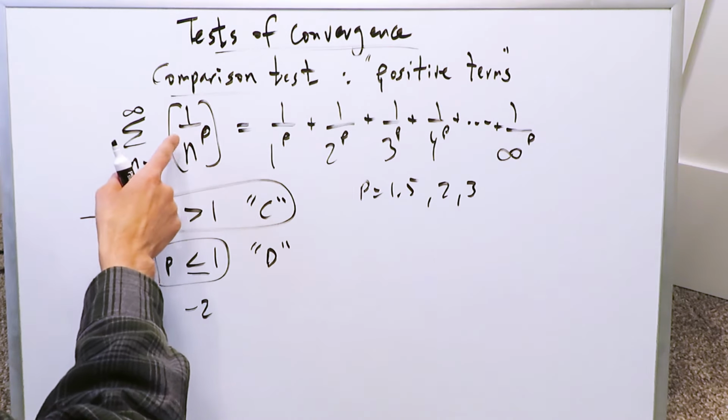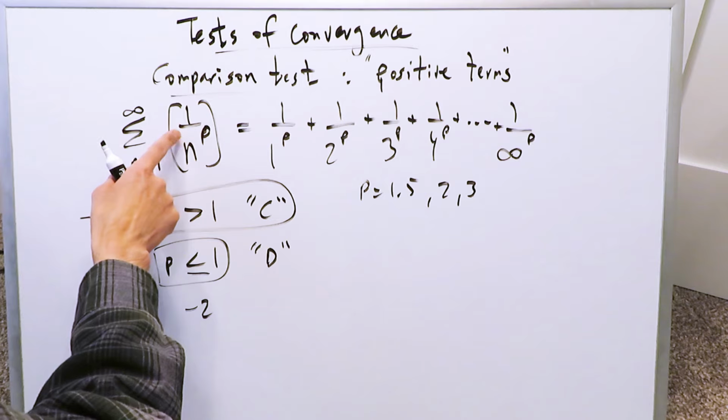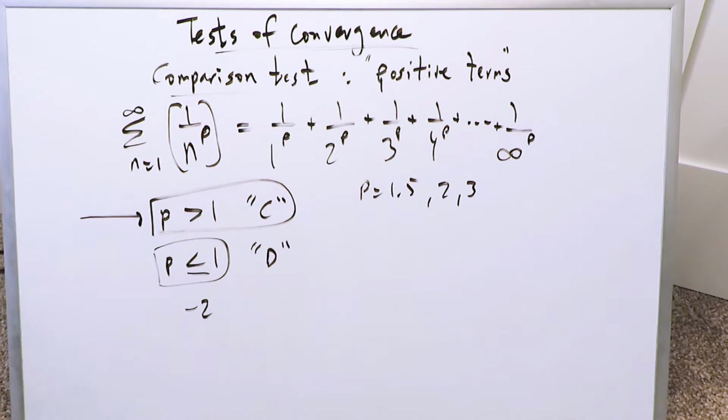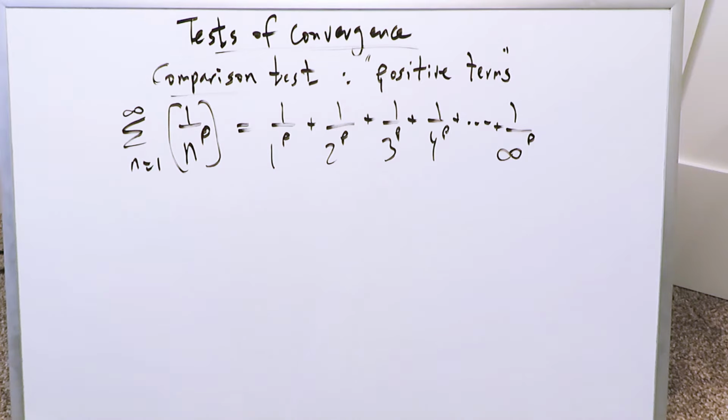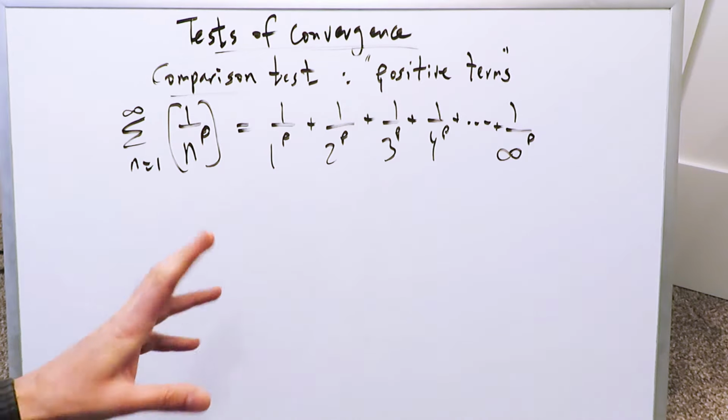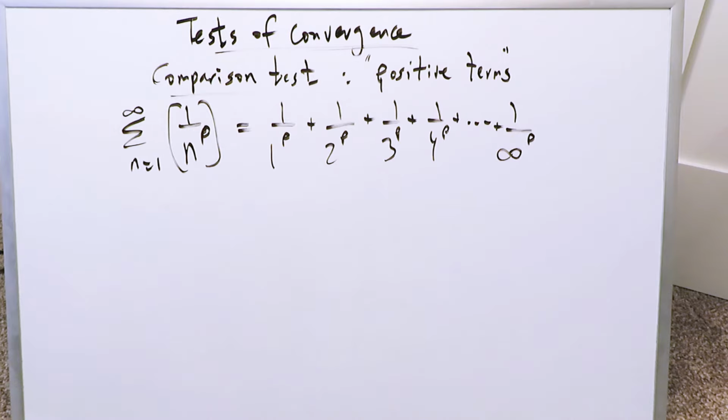A series that you're looking at in terms of your test as something which looks like this, and then you would utilize a comparison test and you would compare to something which looks like this, which is known to be convergent. A shortcut situation can arise where you can eliminate most of this work, especially if you have a series which looks very familiar with regards to another convergent known series.